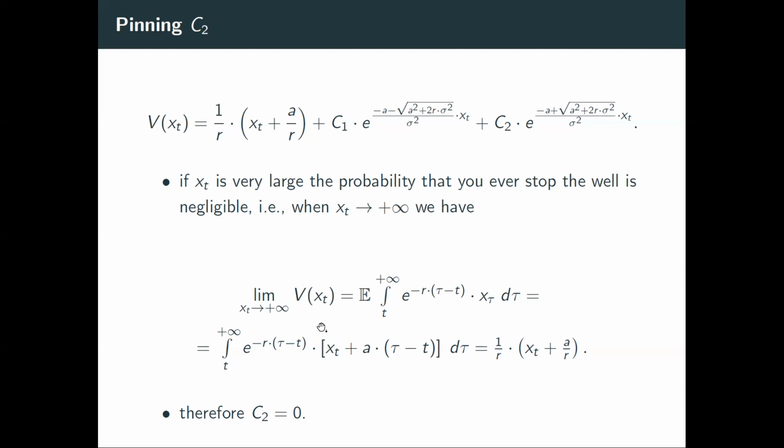Here you can take away a, and here there will be tau minus t as a term, but you can use integration by parts again, which is standard, when you integrate a product between an exponent and a linear function. Eventually all these terms will be a divided by r squared. So eventually the answer will be like that.